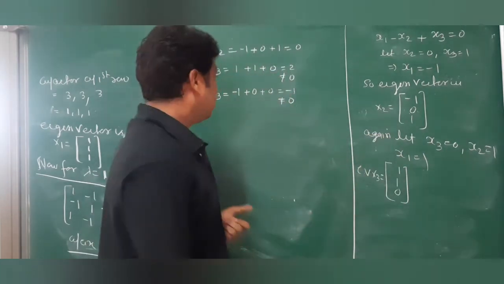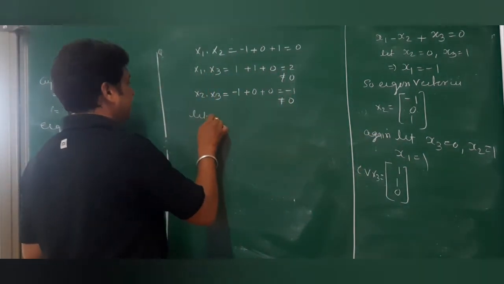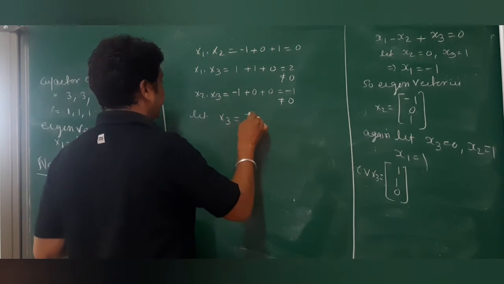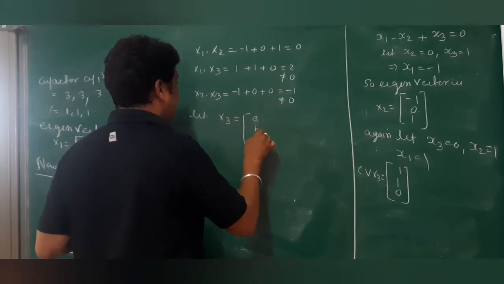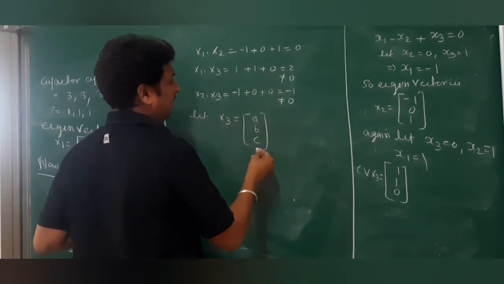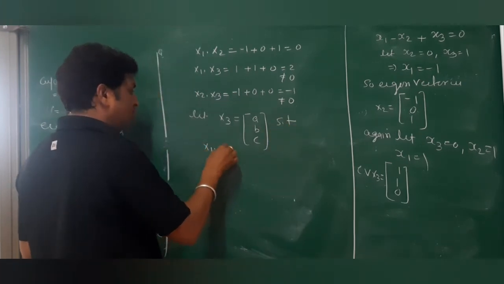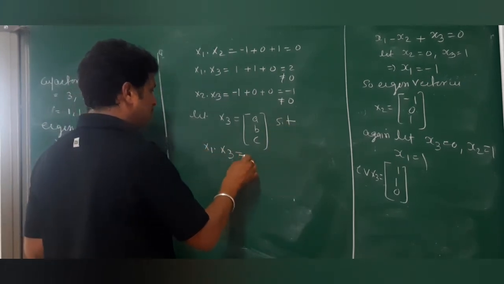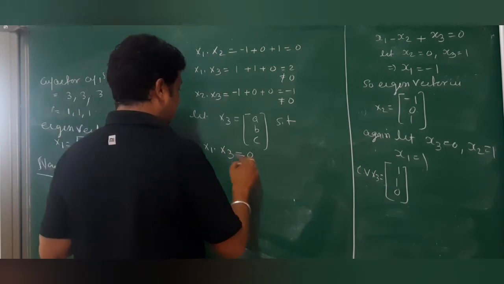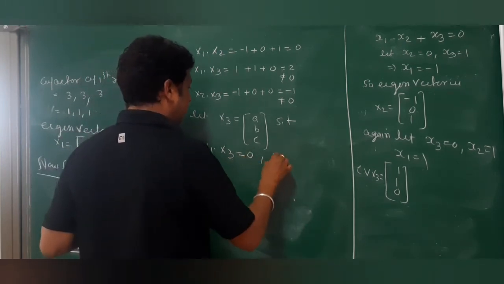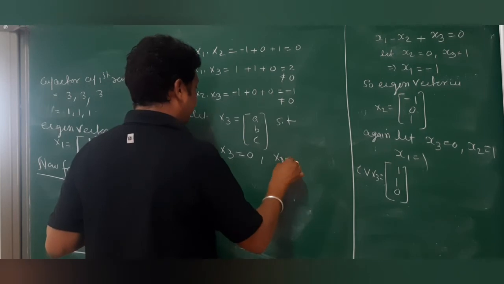How do we calculate it? For that purpose, let x3 be A, B, C, one eigenvector such that it is orthogonal to x1 as well as orthogonal to x2.